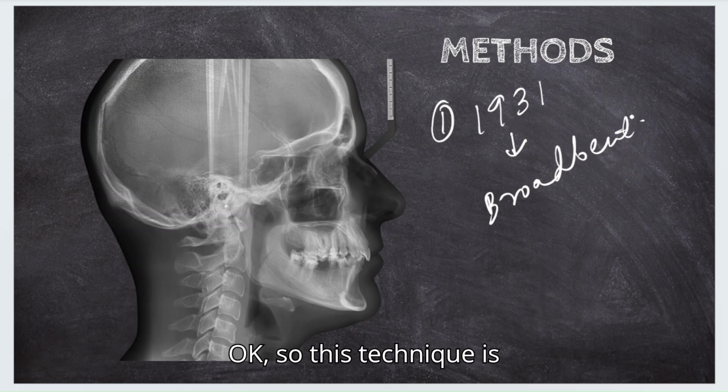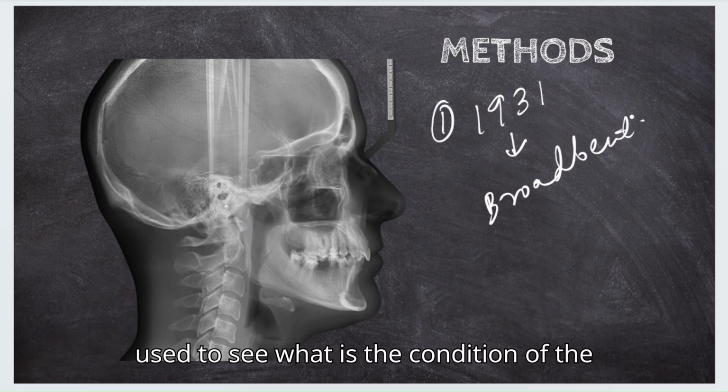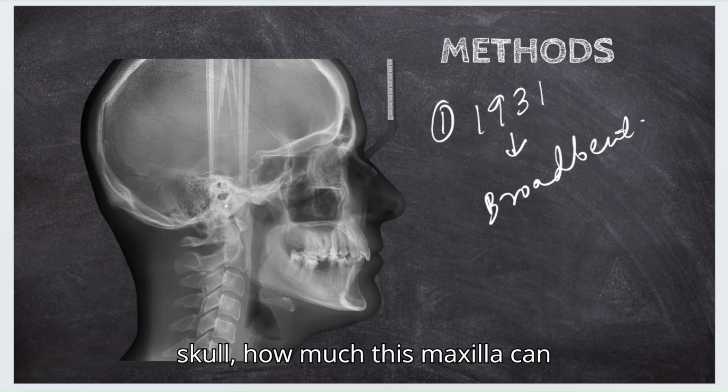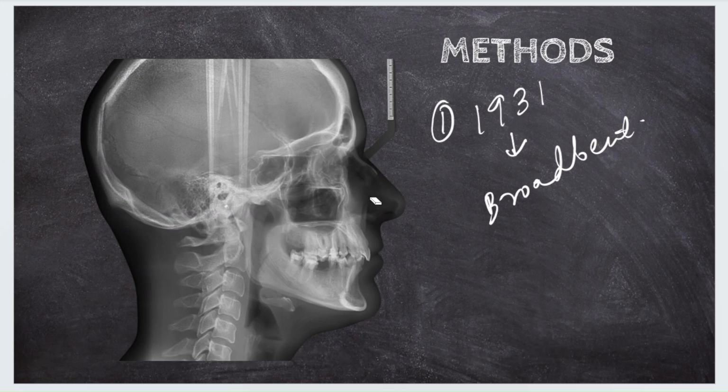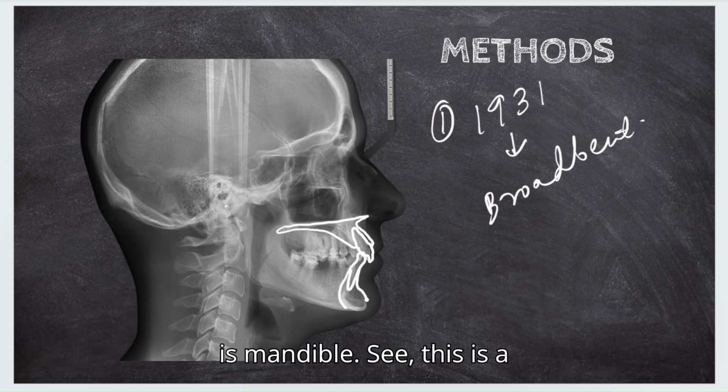Okay. So this technique is used to see what is the condition of the skull, how much this maxilla. Can you see? I'll draw, one second. Okay. See. Can you see these lines? Small lines. This is the maxilla and then this is the mandible.